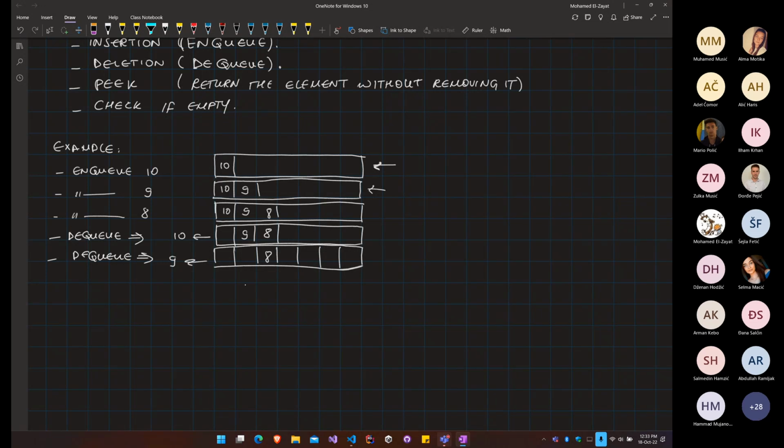right? You can actually start defragmenting things by saying, aha, okay, I'm gonna shift all the numbers. However, the problem with shifting is that if you have 1,000 elements and you dequeue one element, you have to shift 999 elements forward, which is completely inefficient.